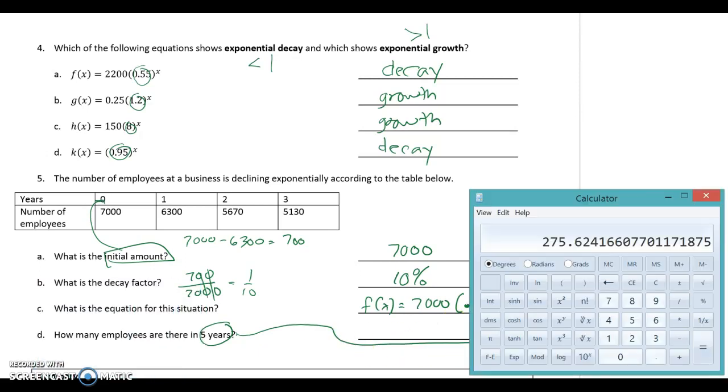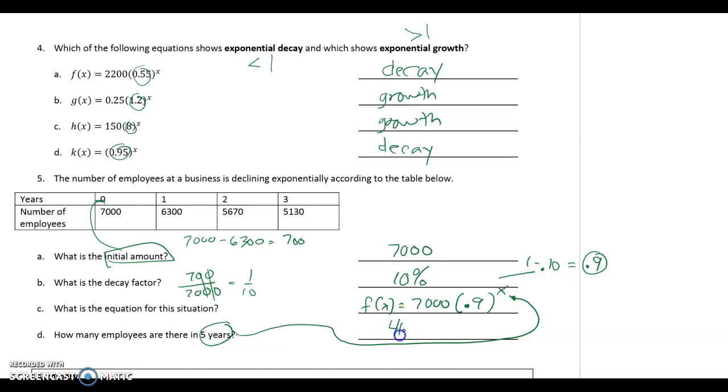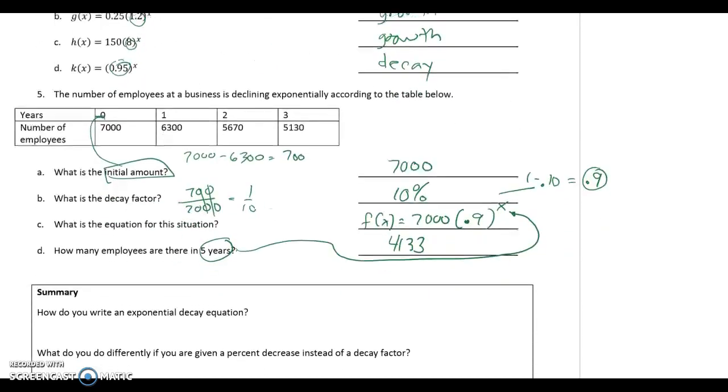We can do the calculator again. I would take that 0.9 as my base, raise it to 5, multiply it by the 7,000 for the initial amount, and it should be 4,133 if we do normal rounding rules. That's how many employees we have after 5 years.